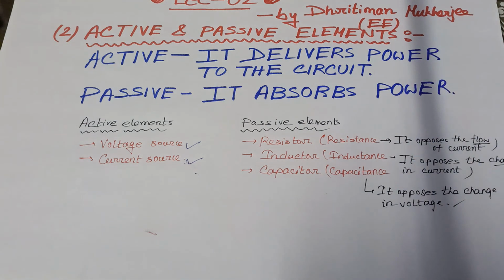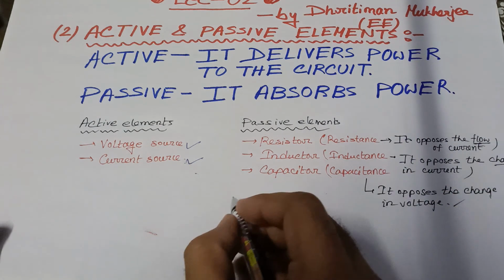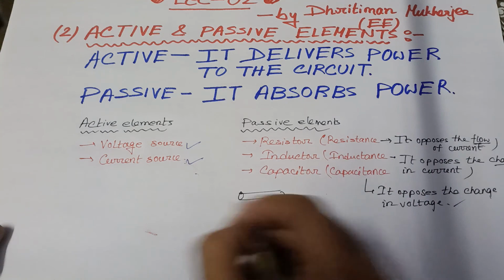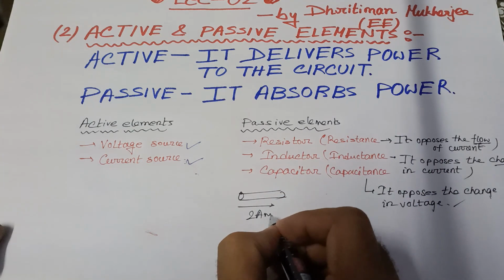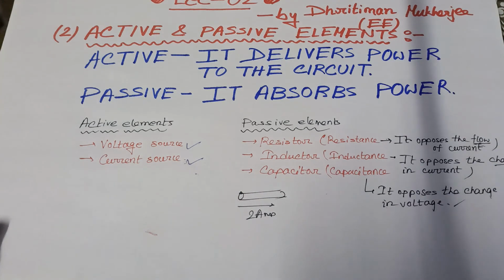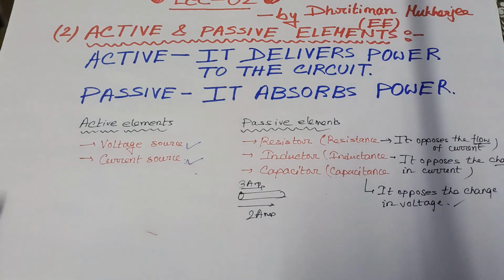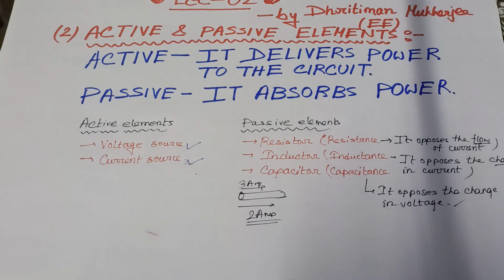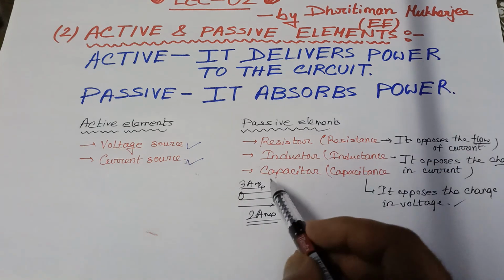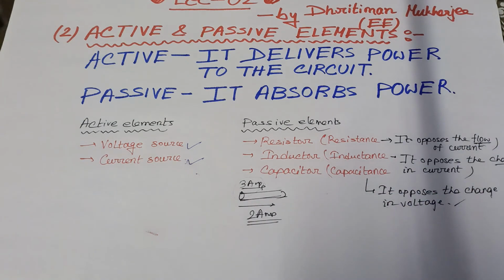Okay. But opposition to the change in current means, suppose there is a conductor, and initially there was 2 ampere current flowing through it, and now suddenly someone is trying to pass 3 ampere current through it.